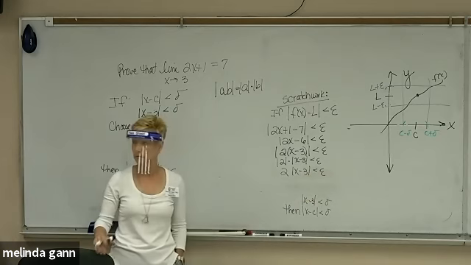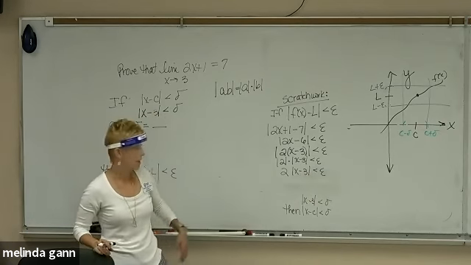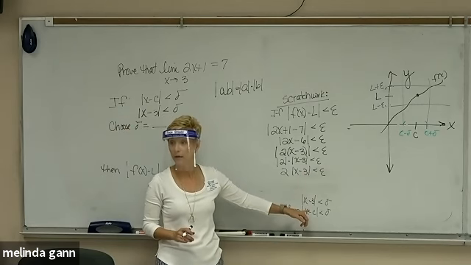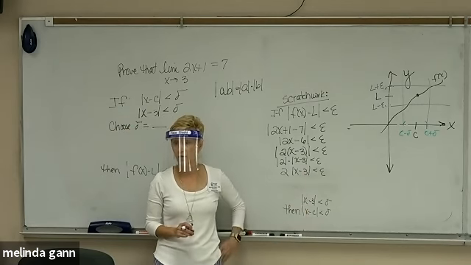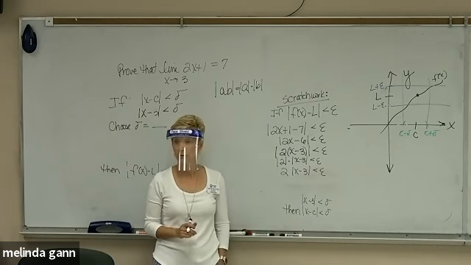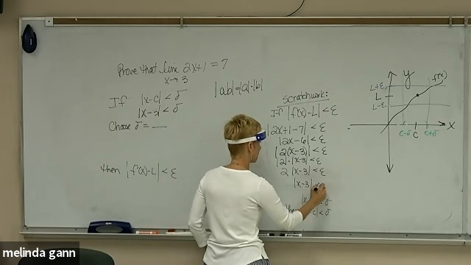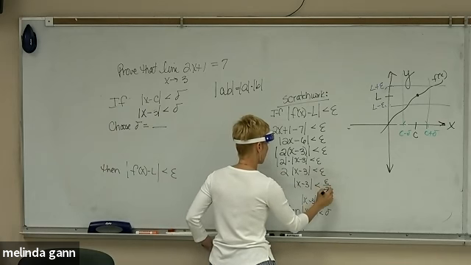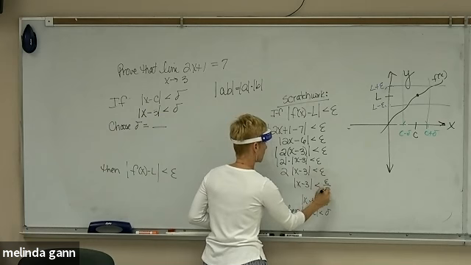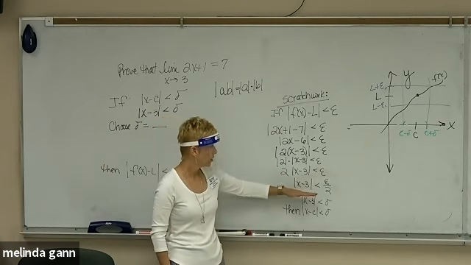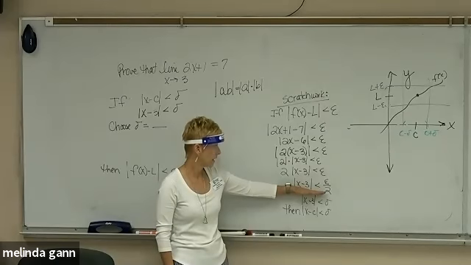We agree? Now, I don't want 2 times the absolute value of x minus 3. I just want the absolute value of what? X minus 3. So how am I going to get rid of that 2? Divide by it. Now, look at this and look at this.